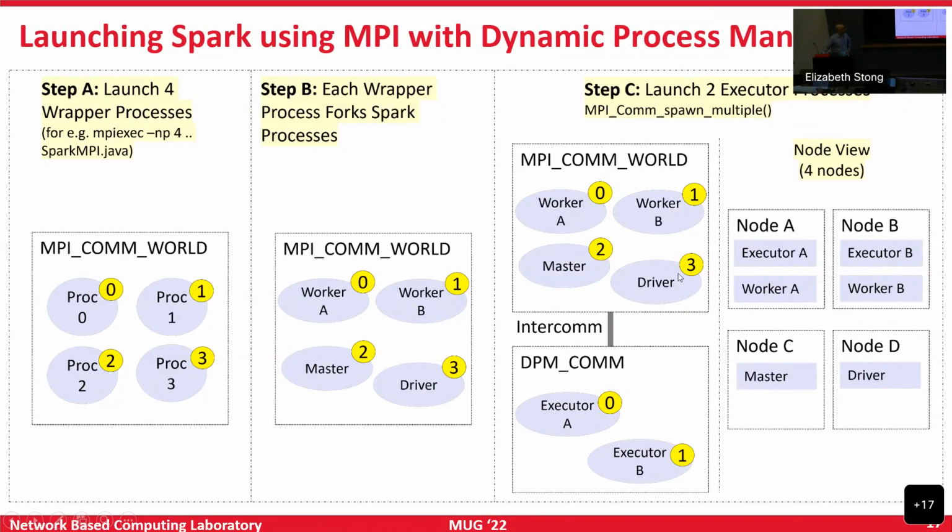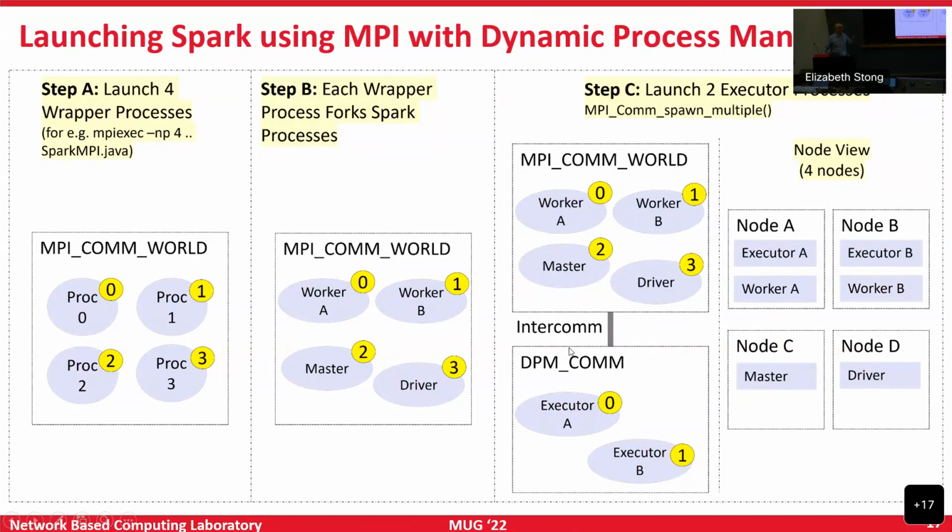The COM world stays the same, and 2 new processes are launched, which are executor A and executor B. Executor A is executing on the same node as worker A, and executor B is executing on the same node as worker B, right? This is shown here in the node view.